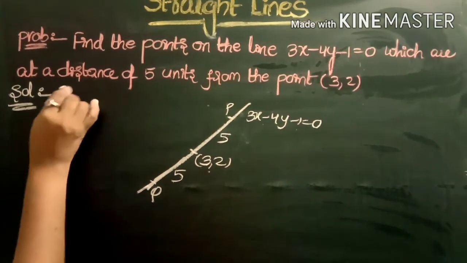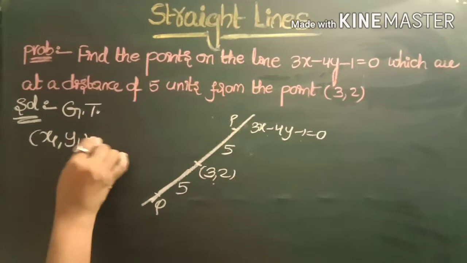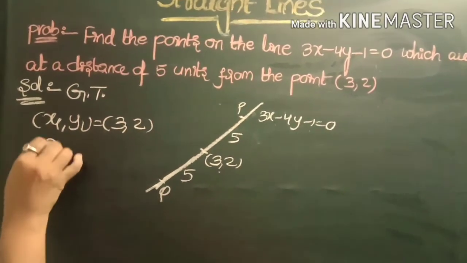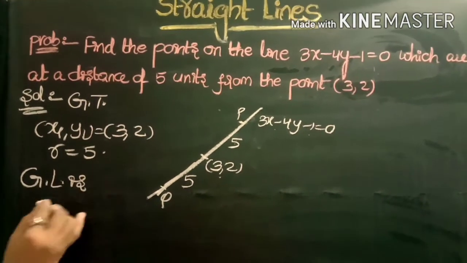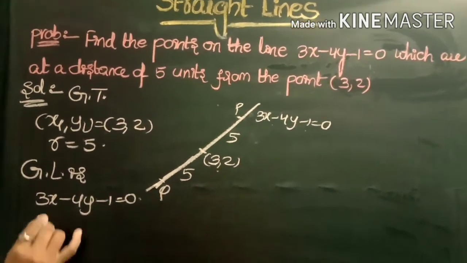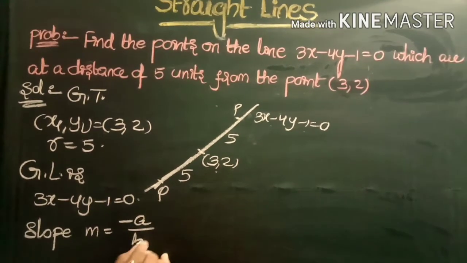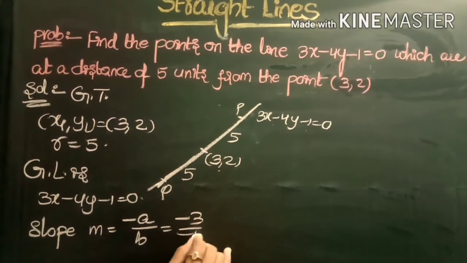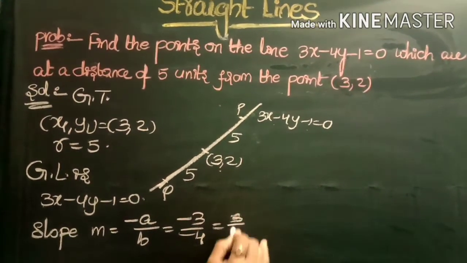So this is the given data. Given that the point on the line, that is x1, y1, is equal to (3, 2), the distance r is equal to 5, and the given line is 3x minus 4y minus 1 equal to 0. First we take the slope value of this line. Slope m is equal to minus a by b, this is the formula, that is minus 3 by minus 4, where a is equal to 3, b is equal to -4. That is 3 by 4.